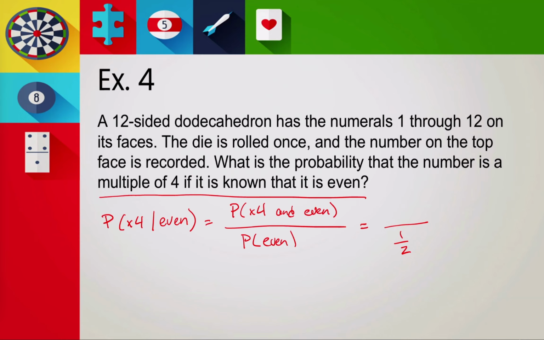The probability that it's a multiple of 4, the multiples of 4 between 1 and 12 are 4, 8, and 12. So that's 3 out of 12, or 1/4. 1/4 divided by 1/2 is going to be 1/4 times 2/1, which is, again, 1/2.